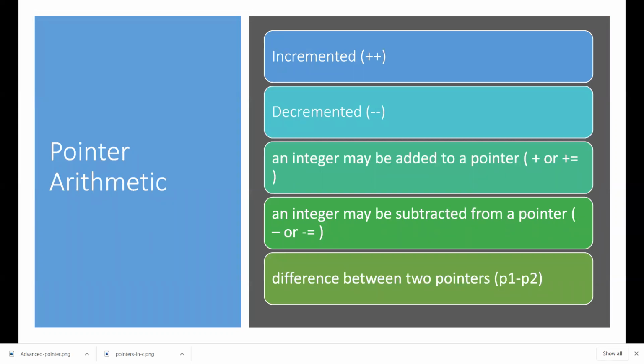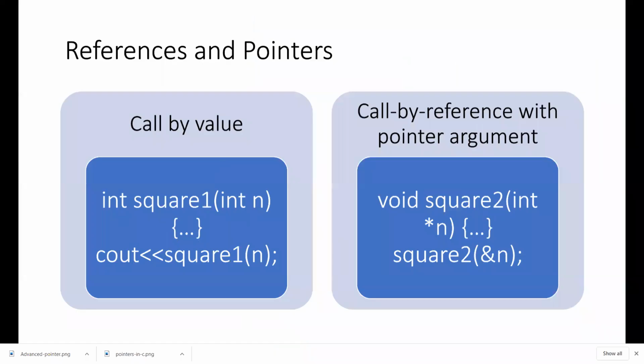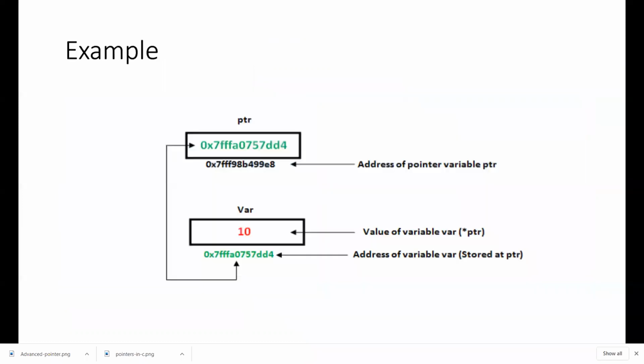Some pointer arithmetic concepts I told: increment and decrement, like in other variables, these operations can be done on pointers as well. Array name as pointers, call by value, call by reference. I have already explained these very well with hands-on programming, the beauty of call by reference. Using addresses, we can update the value at the same address inside and outside the function, and this is the basic idea of pointers.